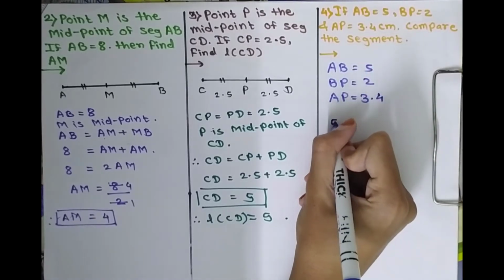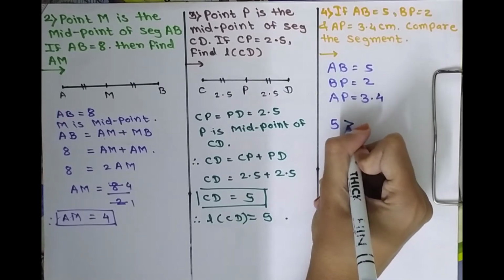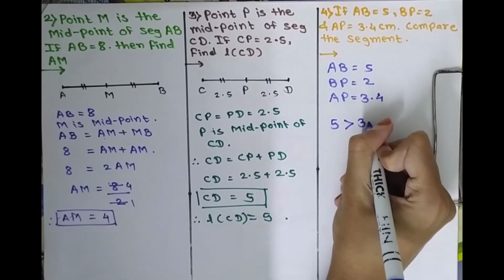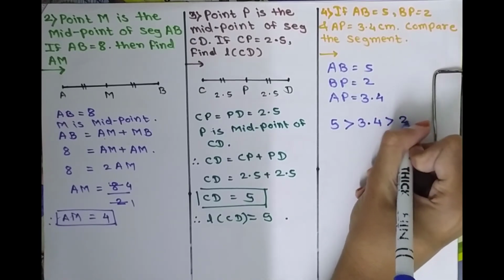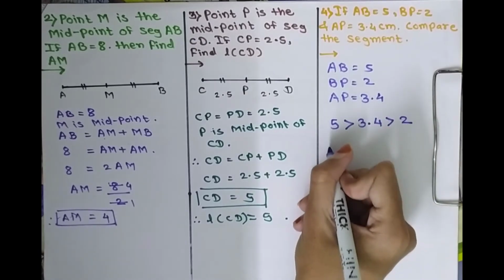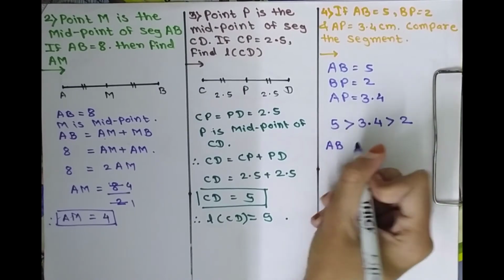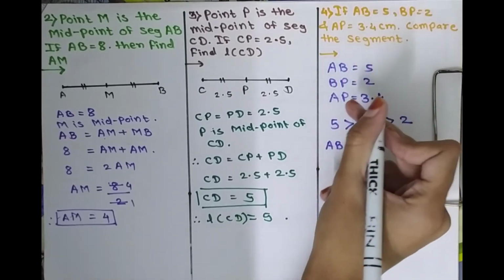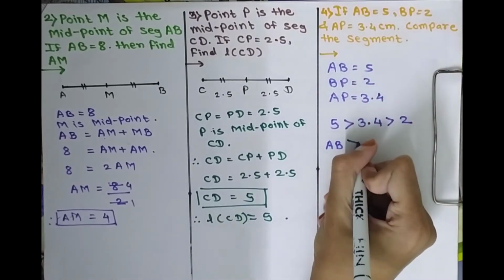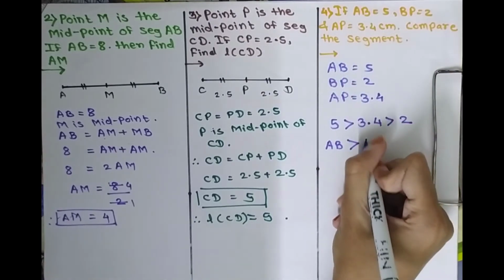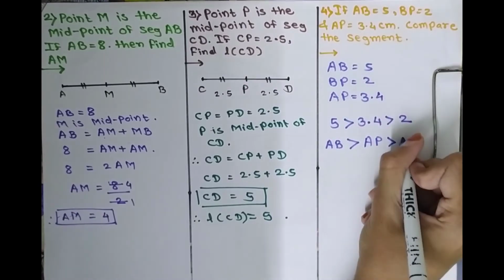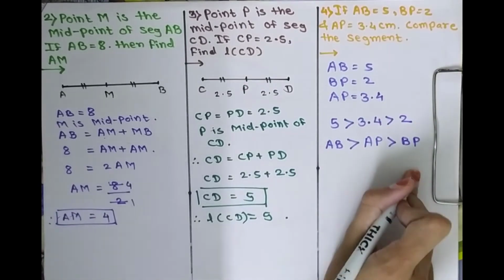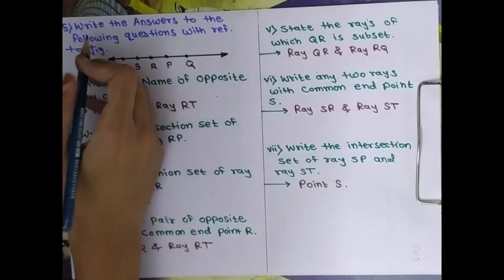So 5 is greater than 3.5, which is greater than 2. Therefore we write AB is greater than AP is greater than BP. So this is comparison.